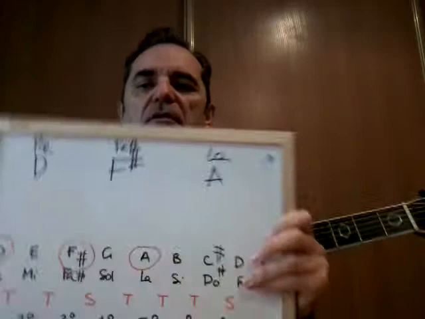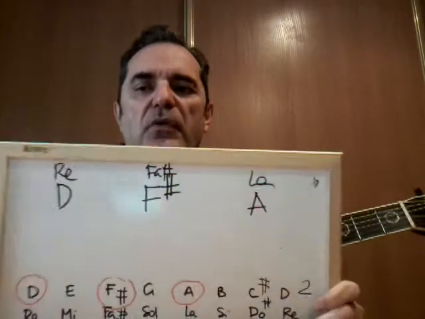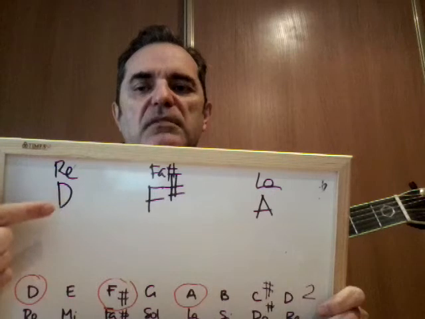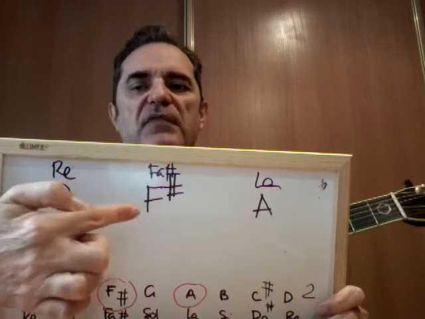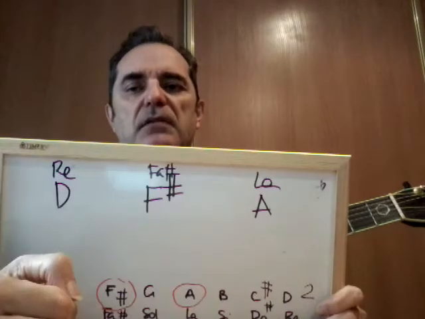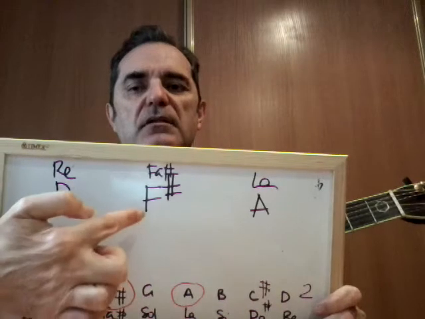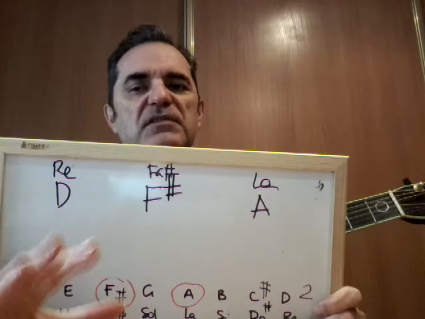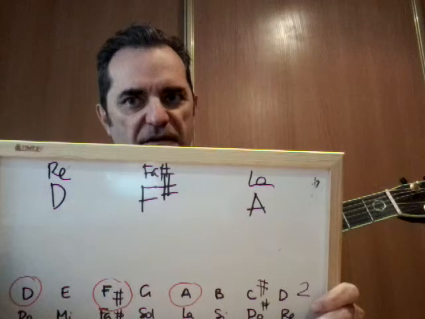Si eso lo hacemos con re, tendríamos re, fa sostenido y la. ¿Vale? So where we've got the three notes of the D major chord, D, F sharp and A, right?